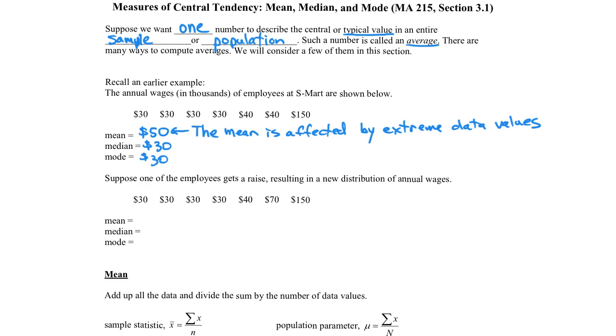There are certain cases where you just don't want to use the mean, because remember, the goal here is one number to describe a typical value in our set of numbers. And if there's money involved, the mean a lot of times is not going to be a good choice. The median and the mode are referred to as resistant measures.